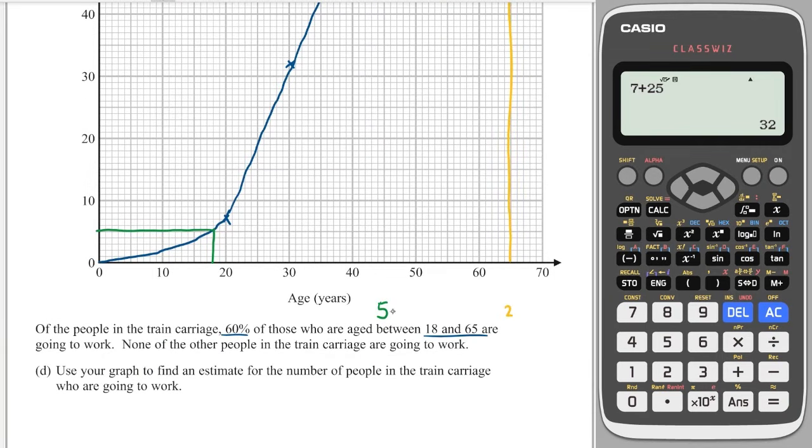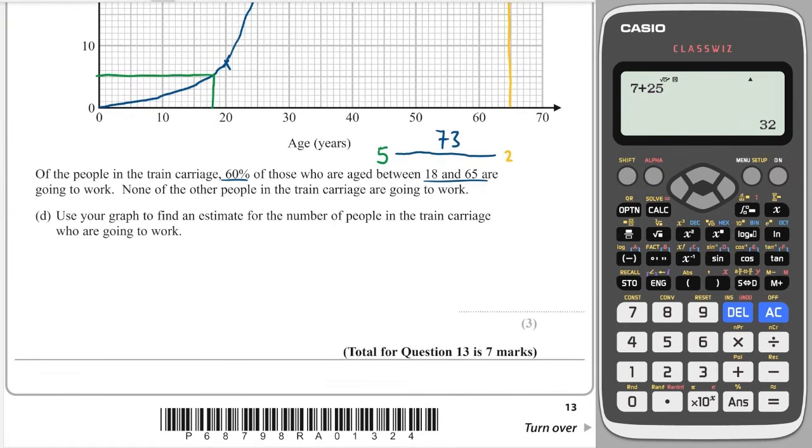So how many people are in between 18 and 65? Well, there are 5 people who are too young, and there are 2 people who are too old. So I would say there are about 73 people who are between 18 and 65.